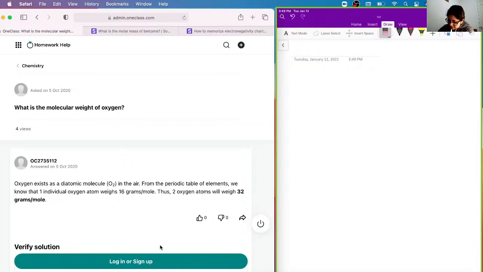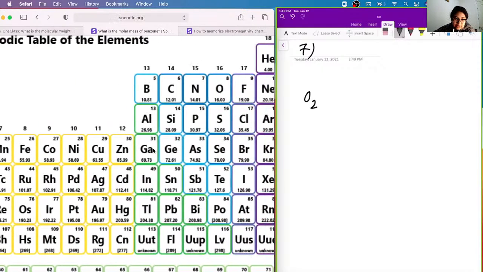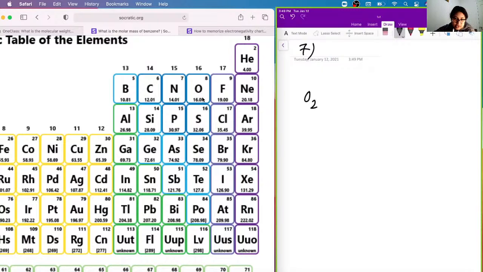Okay, so next question says, what is the molecular weight of oxygen? And so oxygen exists as a diatomic molecule, so like a diatomic gas, right? And so from the periodic table, we can say this is the molar mass of one oxygen.